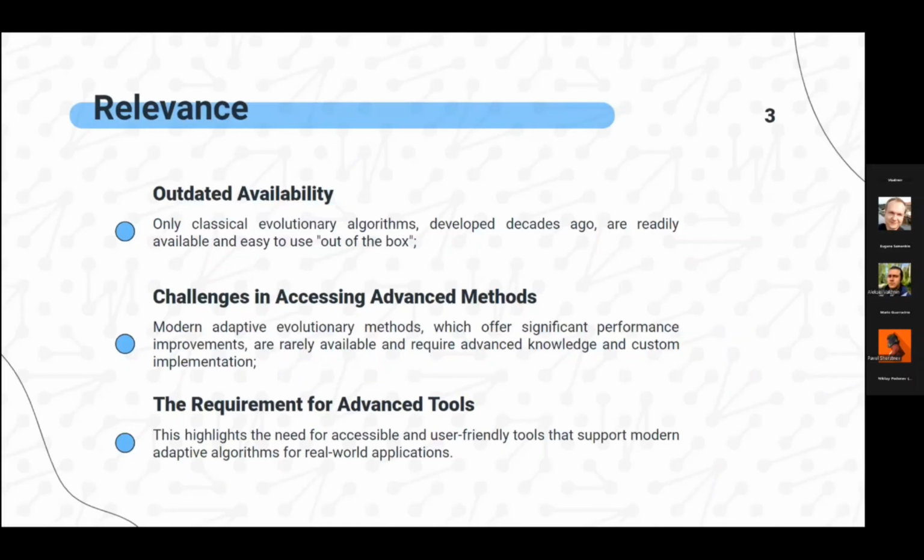Implementing these methods usually requires a solid understanding of the theory, a lot of time, and hard programming skills. Many libraries are also difficult to set up and use, making them harder to apply in real-world projects. This highlights the need for tools that are simple, accessible, and designed to support modern adaptive algorithms.